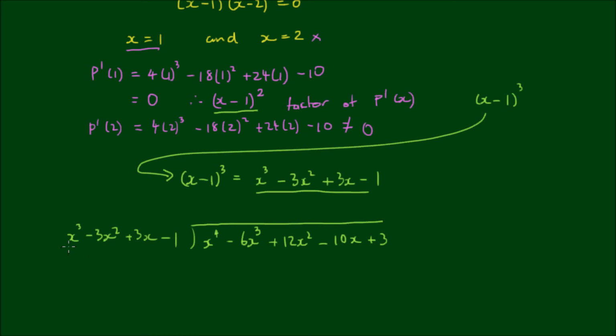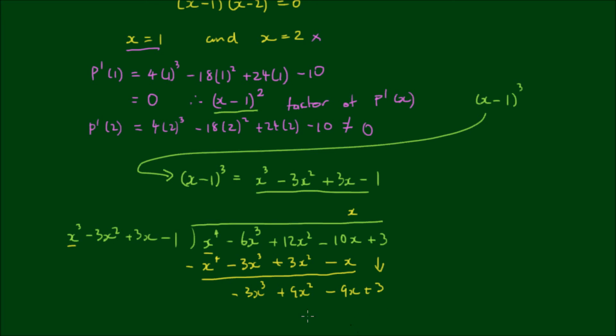Okay, so what do I need to multiply x cubed by to get x to the fourth? I need to multiply it by an x. So x cubed times x is x to the fourth minus 3x cubed plus 3x squared minus x, and I subtract the new line from the line above. So this gives me minus 3x cubed plus 9x squared minus 9x, and I bring down the positive 3 plus 3. And to get minus 3x cubed, I need to multiply by negative 3.